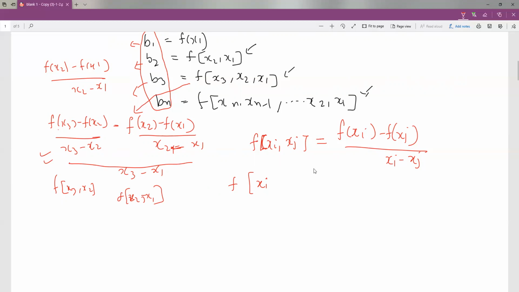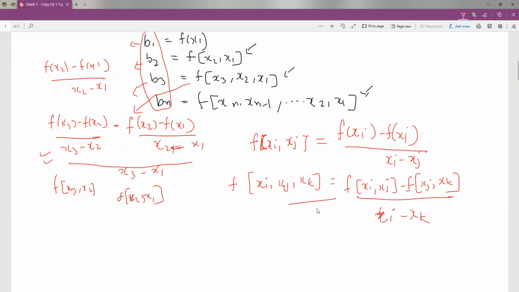This is called divided differences. Then xi, xj, xk, and we can write the differences f of xi, xj minus f of xj, xk, divided by xi minus xk. This is the general form, but in a simplified version, when we have fixed data points, we have written it like this.